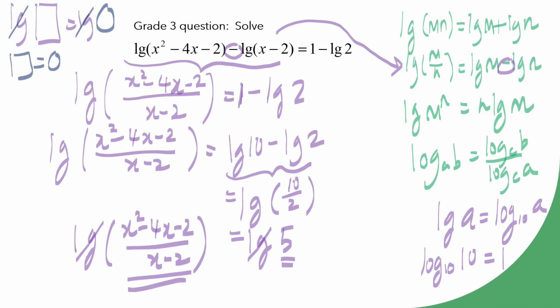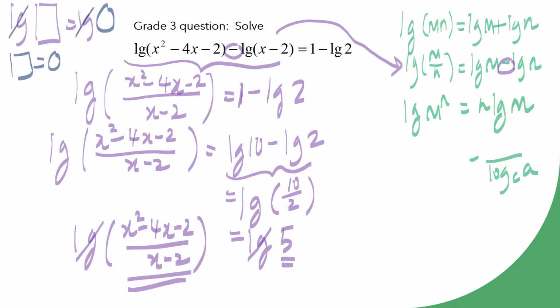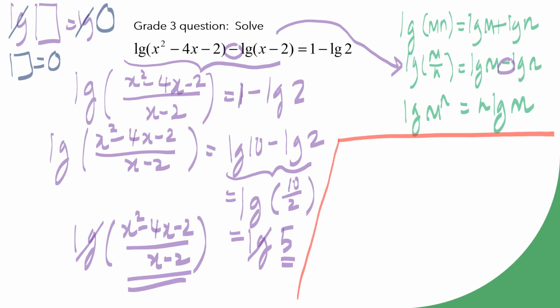Okay, so how do we continue? I need to erase all this, there's no space for it. So we need to do some algebraic manipulation here. You can write 5 as 5 over 1, and then do a shortcut cross multiply.